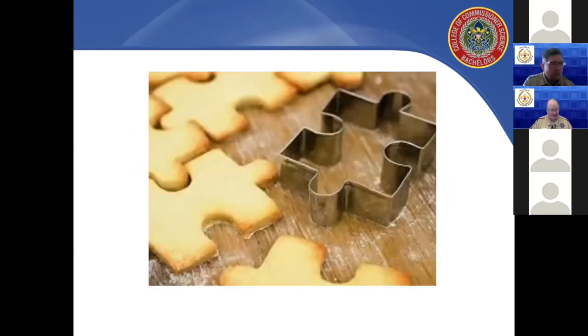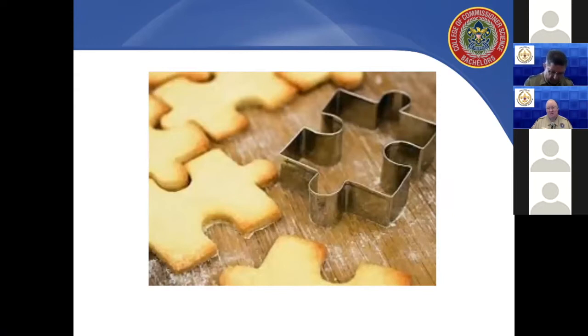So how do we do that? Finding the right person is the question that's always on my mind. Not only who is willing to serve, but we need to go further and say, who's the best person to serve with a unit? And in order to do that, we need to evaluate the unit.